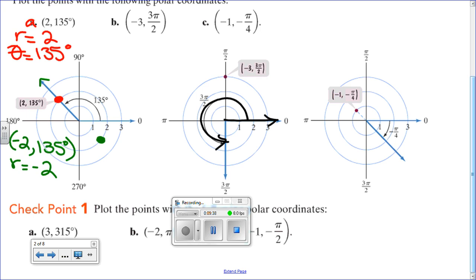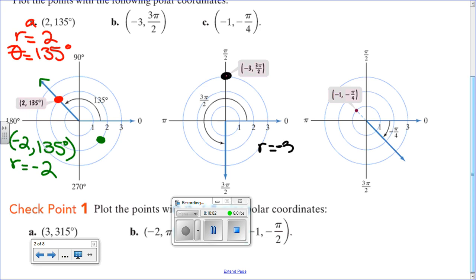If r was just positive 3, then the point would have been located here at the third circle. However, we have a negative 3, so that will not be the point. It's going to be reflected across the origin, and it's that one right there.